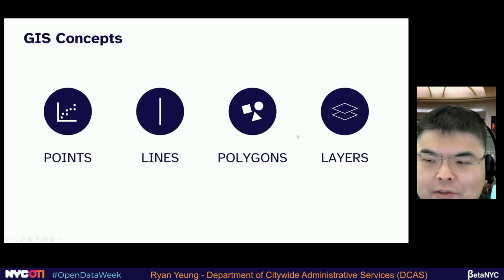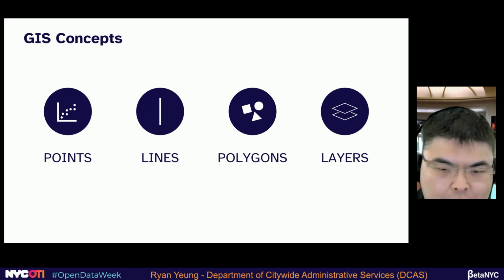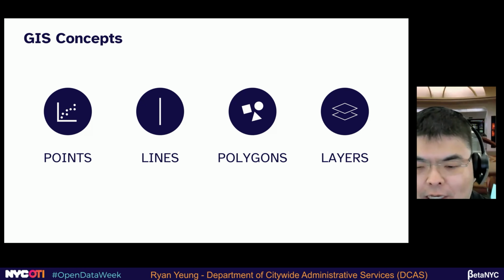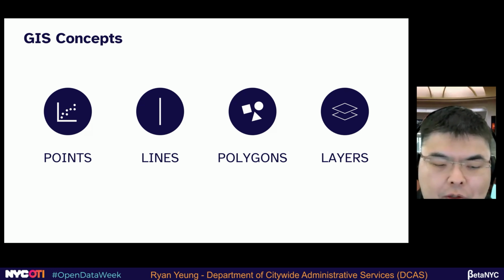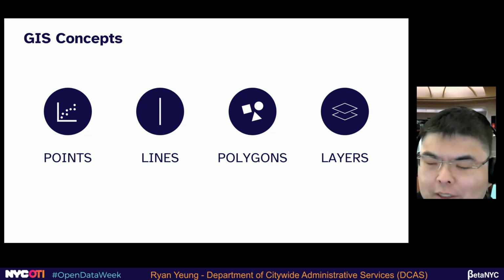And the last concept I want to talk about is layers. Each of these different data types, points, lines, polygons, they're all stored in a different type of layer. Layers are collections of geographic data. You may have layers that have a bunch of points. You may have layers with collections of lines or collections of polygons. By the way, you can't have more than one data type in a layer.